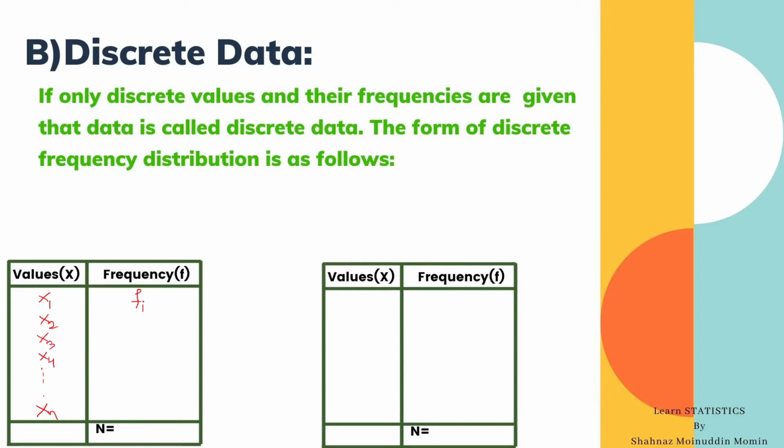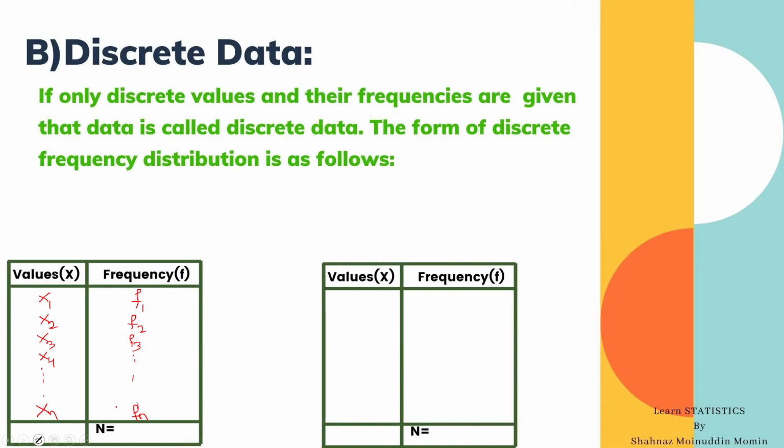Suppose x1 has frequency f1, x2 has frequency f2, f3, likewise xn has frequency fn. Then this data is known as discrete data.